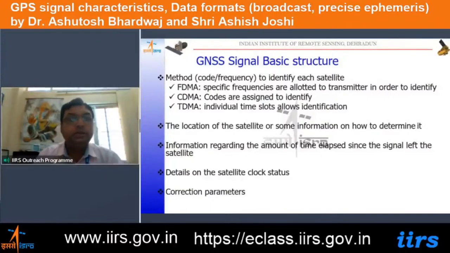Then the GNSS signals are transmitted either in FDMA format, CDMA format or TDMA format. FDMA, frequency division multiple access, was being used by GLONASS earlier, whereas GPS was sending the codes in the code division multiple access system. So these two systems had been in use earlier.